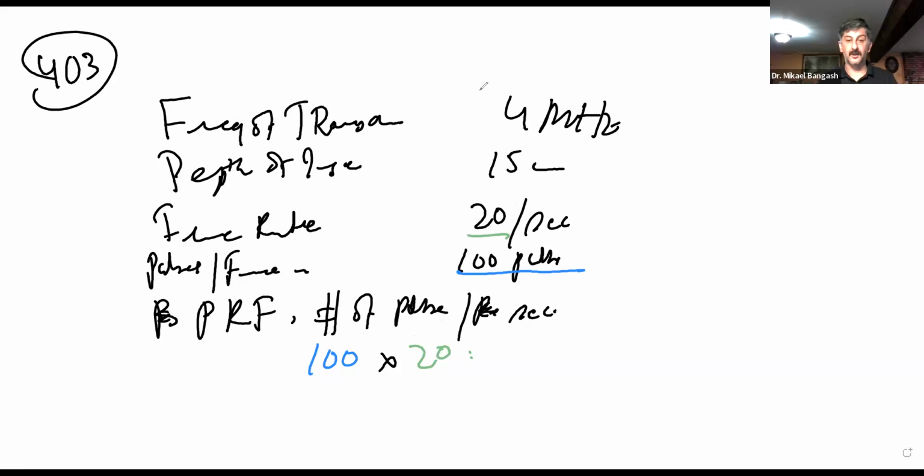So you actually have a PRF equal to 2000. That's going to be 2000 pulses per second, or we can say the PRF is going to be 2000 hertz.